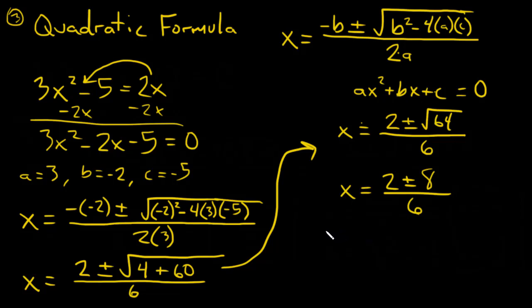Now, I hope this has been a refresher for the quadratic formula. If you run into any problems with it, come to the office hours, Zoom meeting, or something like that. Send me an email, and I'll see what I can do.